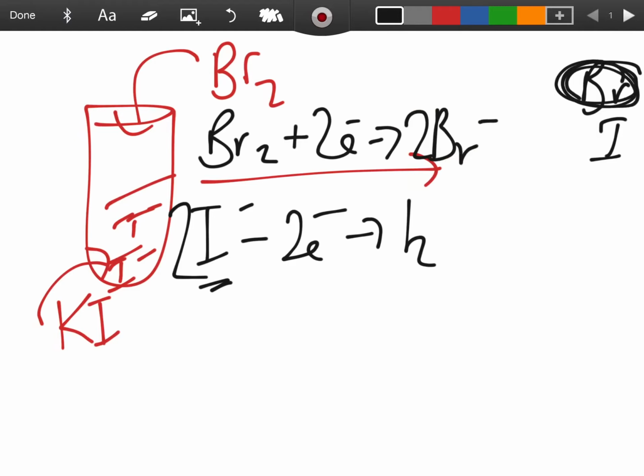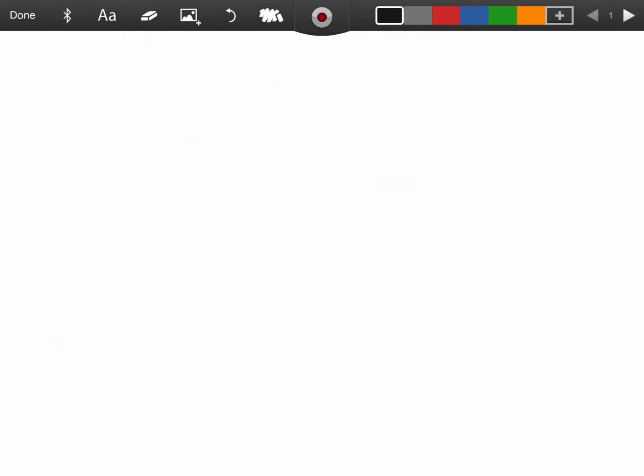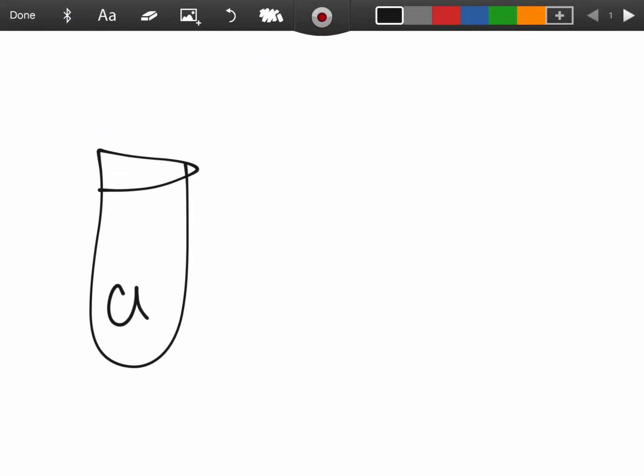What happens to the bromine? It gains 2 electrons, forming 2 Br minus. Because bromine is more electronegative than iodine, it takes these electrons away. So the bromine is reduced, it gains electrons, and the I minus ions are oxidized, and you form iodine. Again, how do you observe that? You see the red-brown colour of iodine.